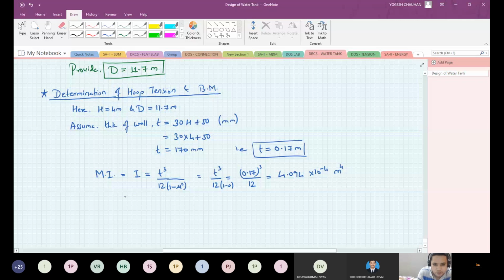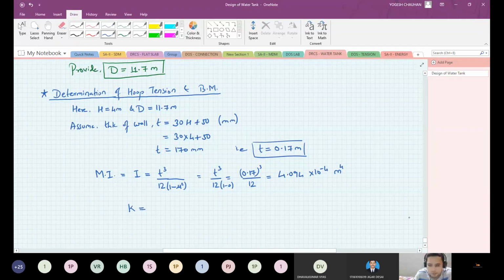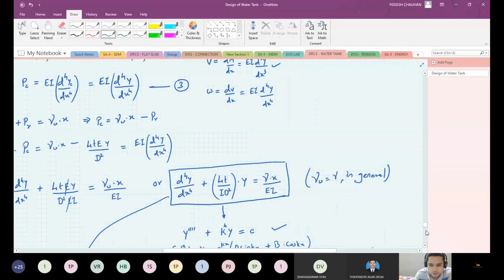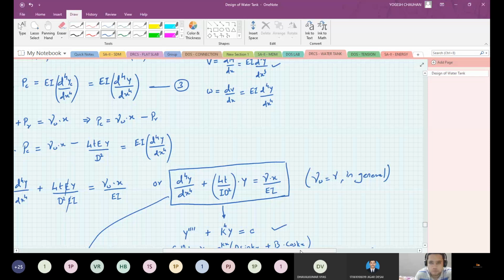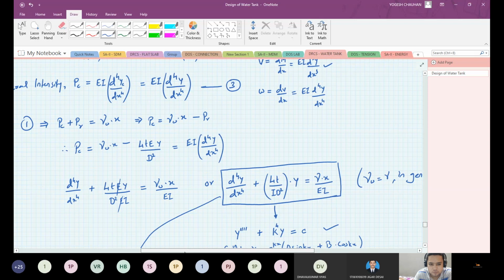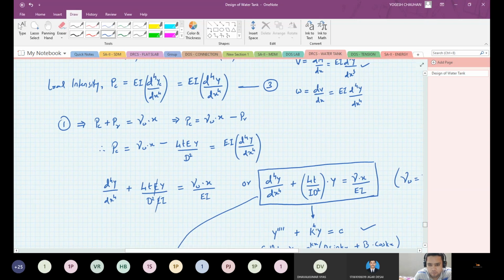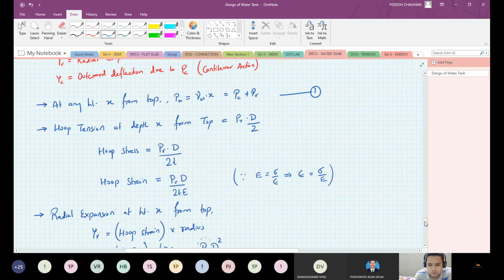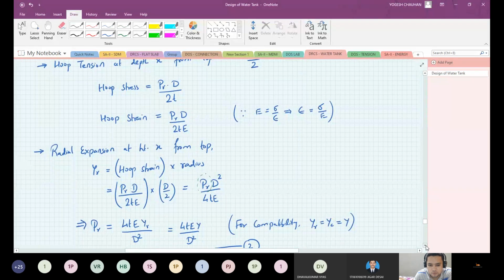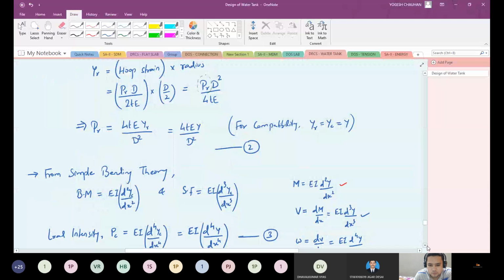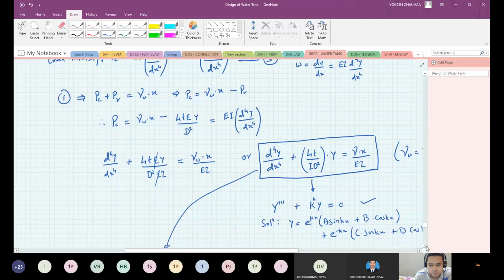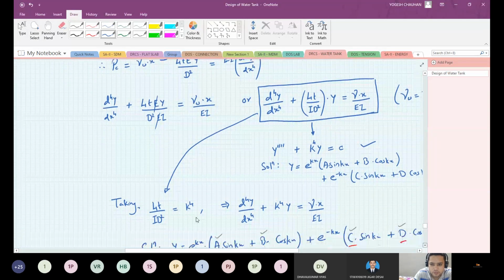Next we'll find out the factor k. Now this k, in the previous lecture we have defined this term as k to the power 4.